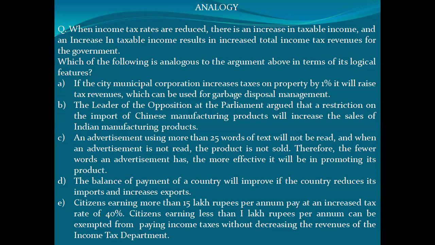And what we had basically discerned was that a decrease in X leads to an increase in Y, which in turn leads to an increase in Z. You had given A as the answer, but we had also discussed why A doesn't fit the bill. So now from B, C, D, and E, choose the one which is analogous to the original argument.